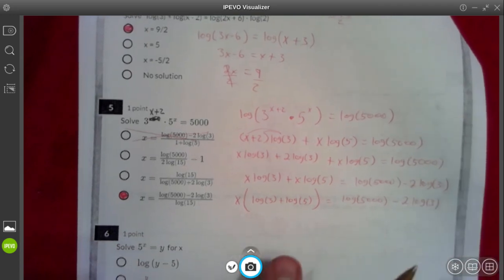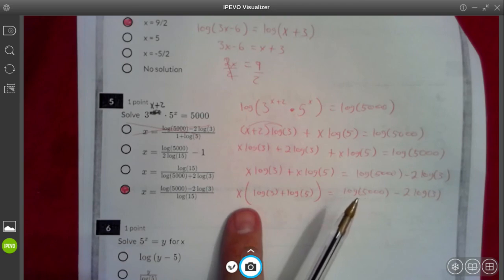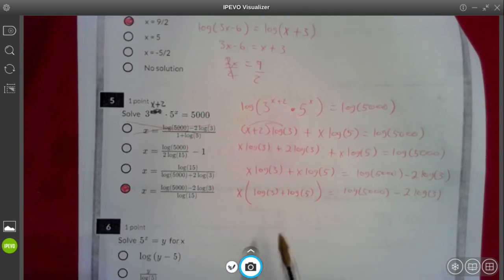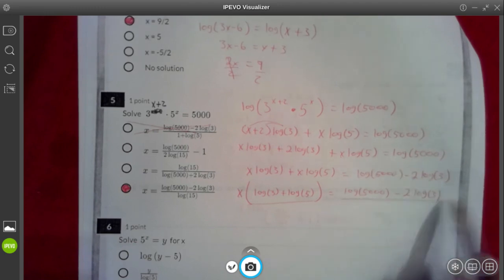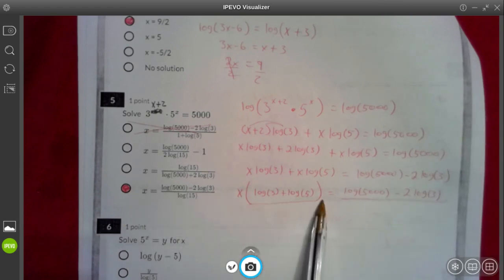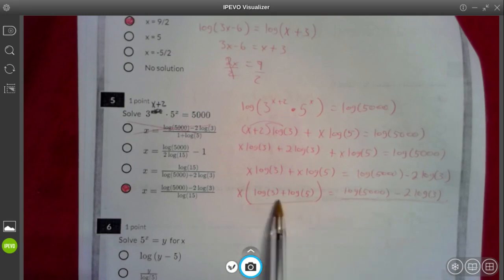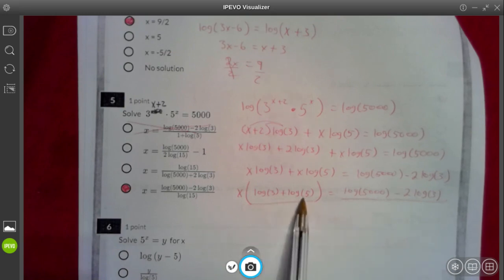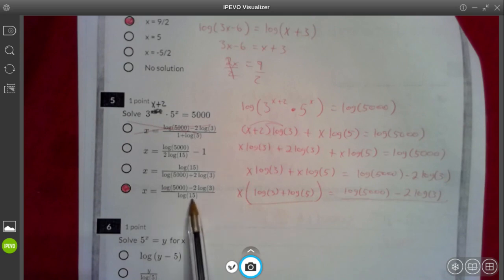The last step is to divide by whatever is attached to the x here. So I would divide by all of this on both sides. So the answer is going to be log 5,000 minus 2 log 3, which is what we have on top, over all of this. And then the only difference is, they're taking the log 3 and the log 5 and regrouping them as one logarithm. They're condensing it down to log 15.